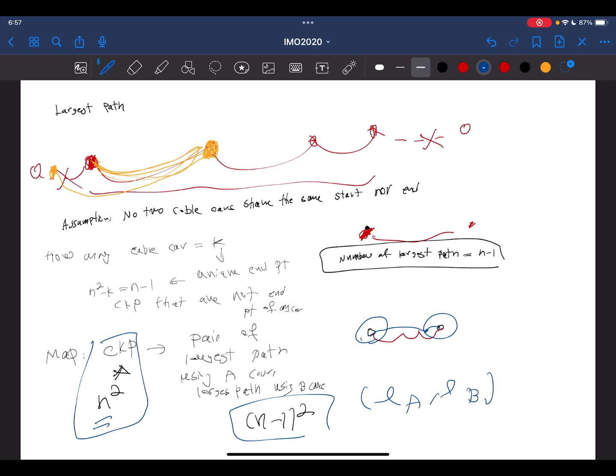And so two checkpoints here must have the same pair. Let's say this one is LA and this one is LB, and that basically completes the proof.